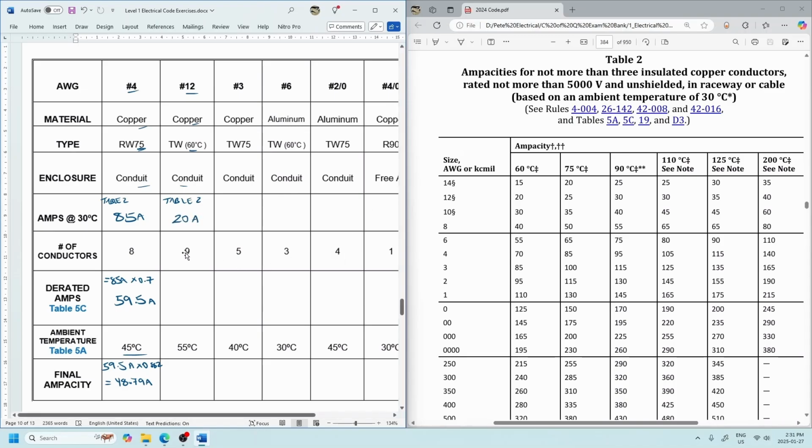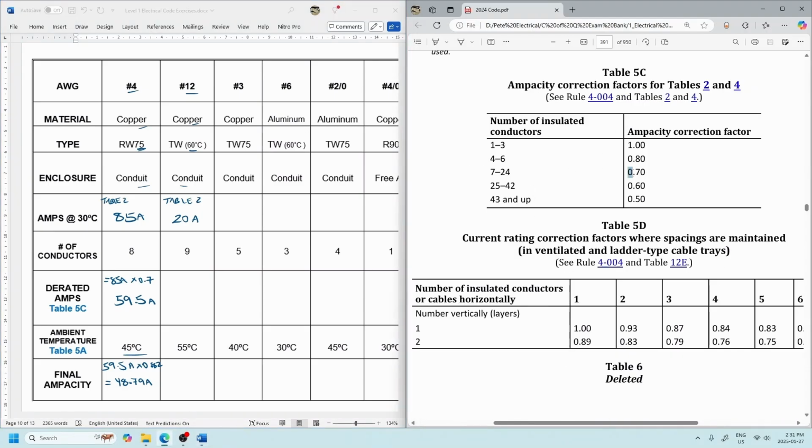We've got 9 conductors, so we have to go to table 5C. 9 conductors is again going to derate by 70%. So we take the 20 amps and multiply it by 0.7, and 20 amps times 0.7 gives me 14 amps.